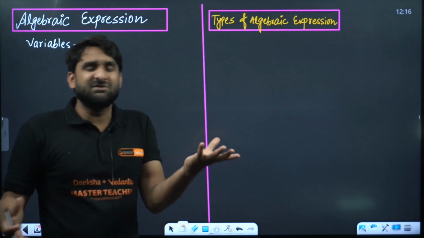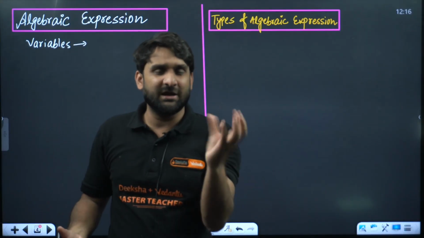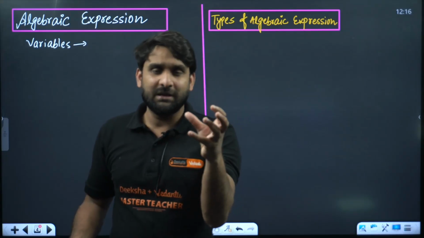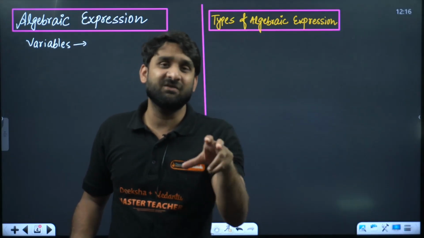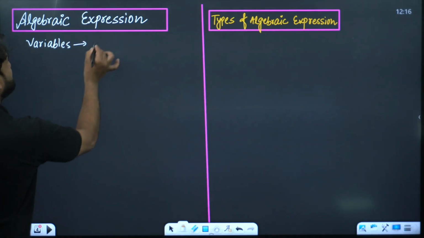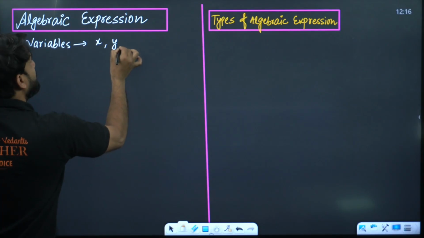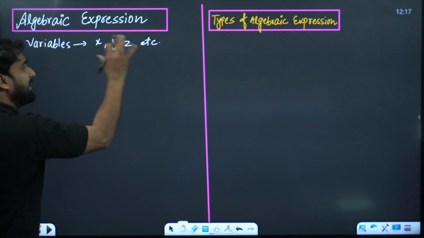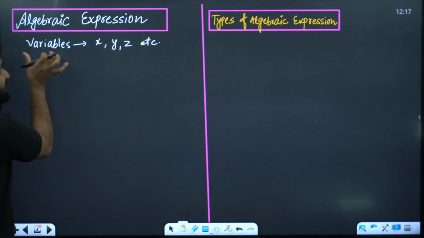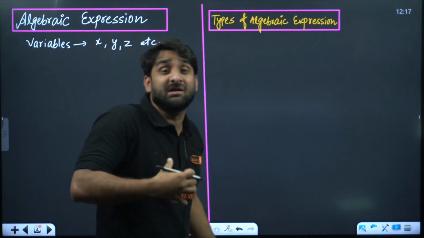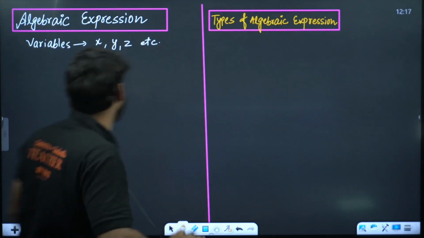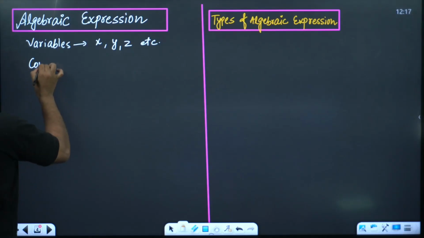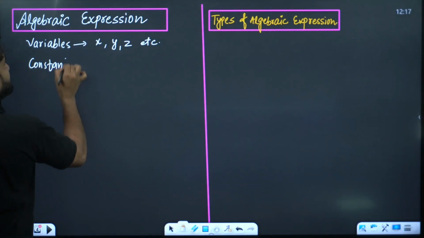We generally represent variables with the help of alphabetic letters, generally x, y and z. It means their values are not fixed, and that's why they are called variables, because their values keep varying.